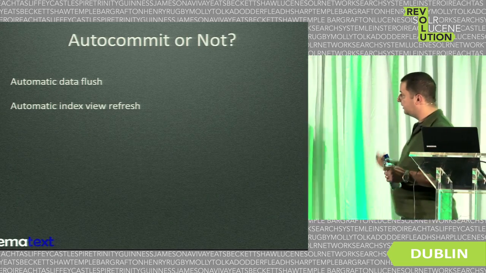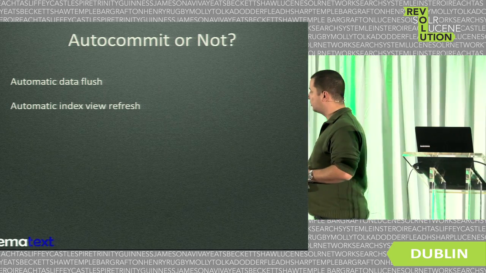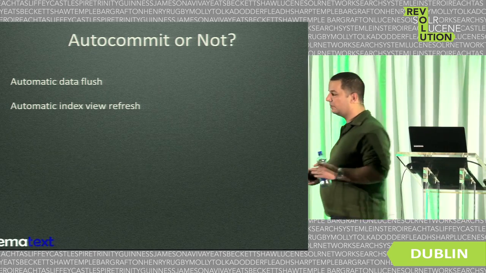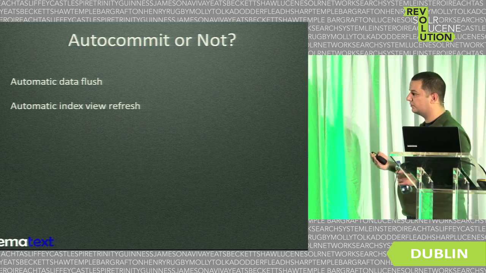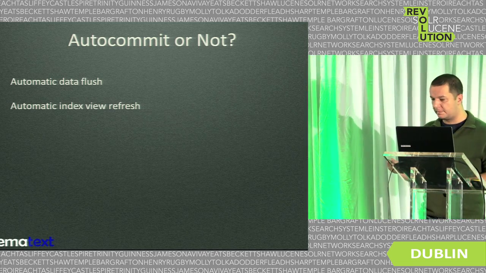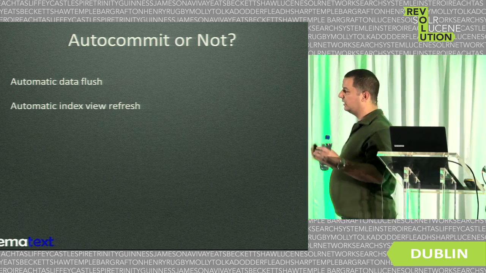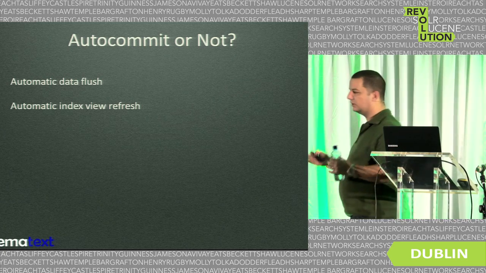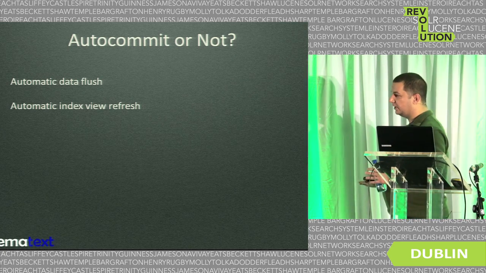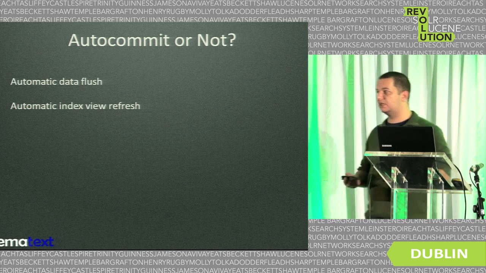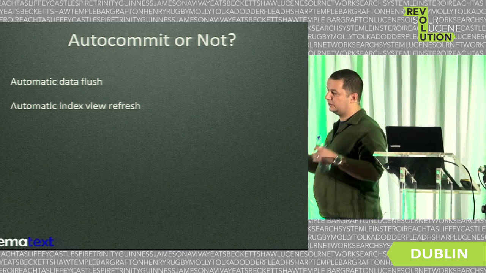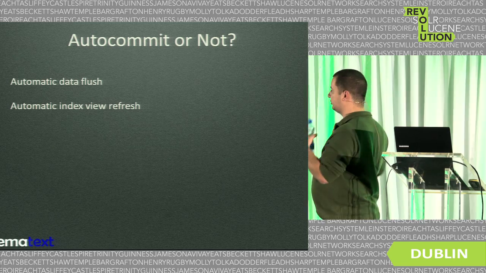What about autocommits? I've told that you should use autocommits. There are two autocommits right now in Solr, starting from 4.0. There is a soft autocommit and hard autocommit. It's all about data visibility and data durability. The hard autocommits are there to ensure that the data is flushed to disk.